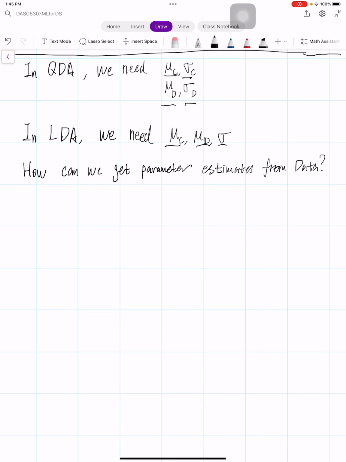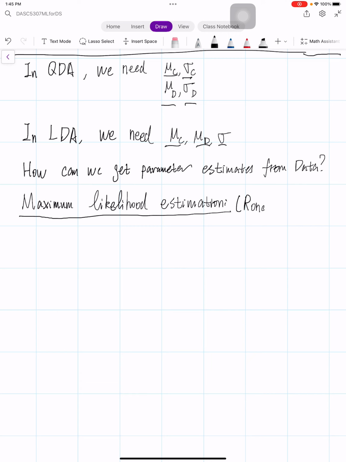It's called maximum likelihood estimation. Maximum likelihood estimation was derived by the famous statistician Fisher in 1912.